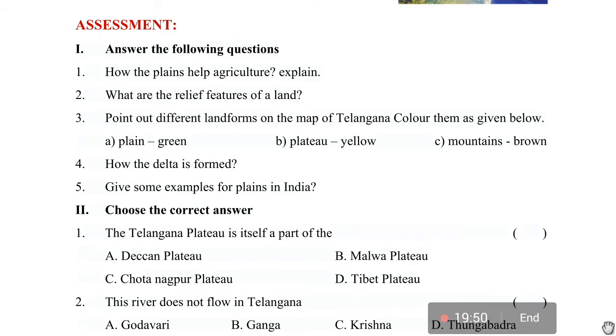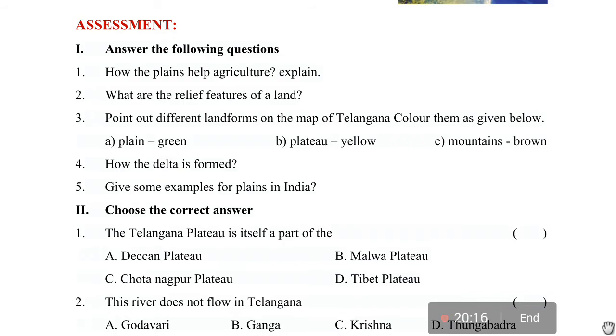Fifth and last question: give some examples of plains in India. There are mainly two types of plains in India. What are the two types? First one, the northern plains. The Indo-Gangetic plains are called the northern plains.